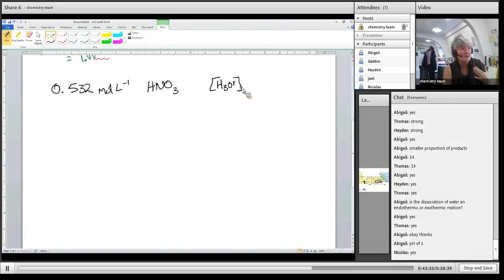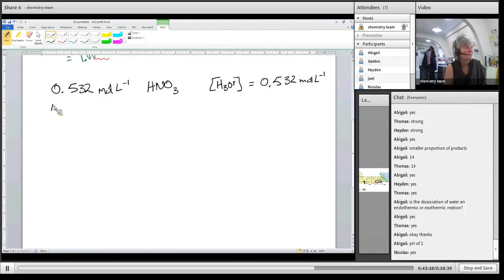Because it's a strong acid, this will dissociate completely. So I'm going to have 0.532 moles per liter of hydronium ions. So it's fairly straightforward. Whatever acid you've been given, you've got the same concentration of hydronium ions.